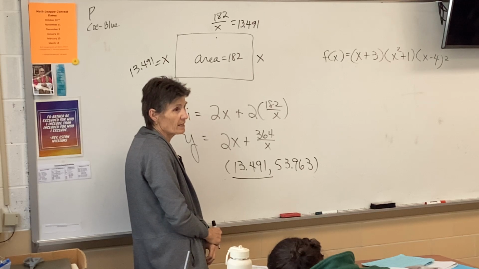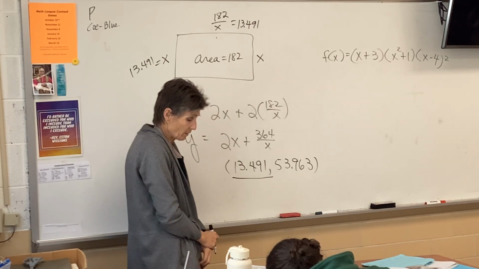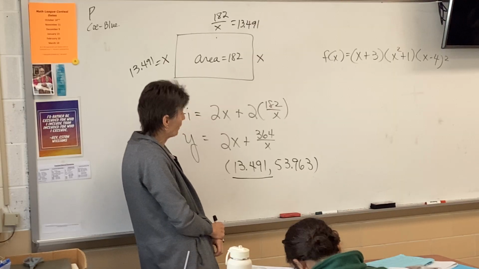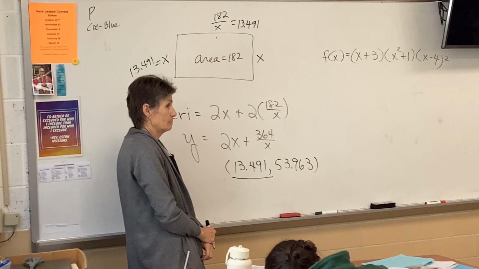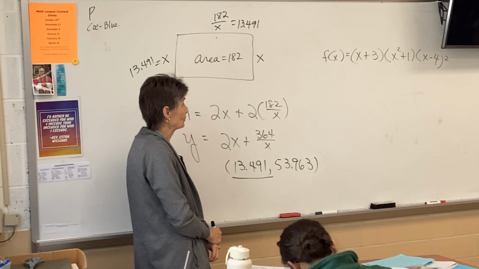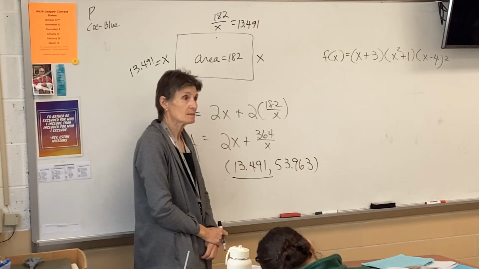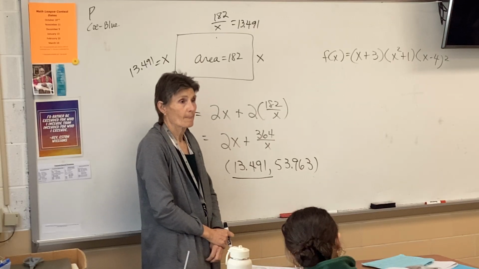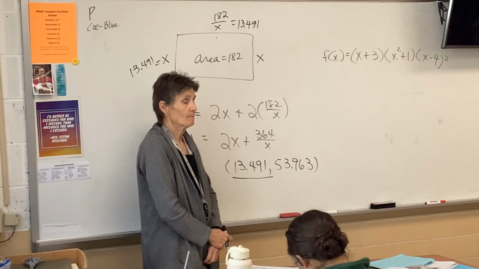Here's our thing, and we have to determine where it's positive, 0, and negative. Any ideas on how we might do this without a calculator?